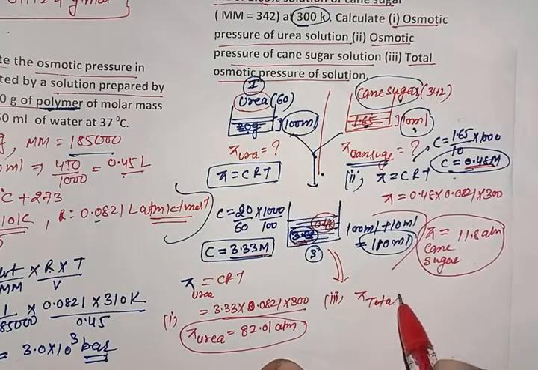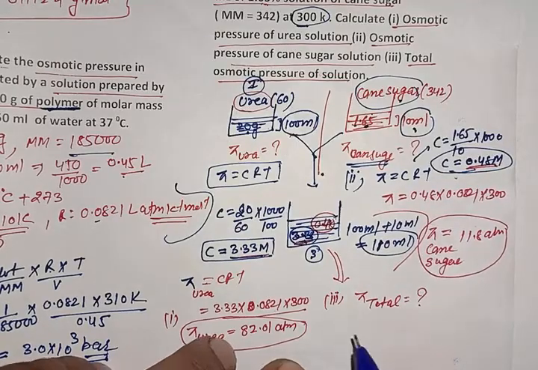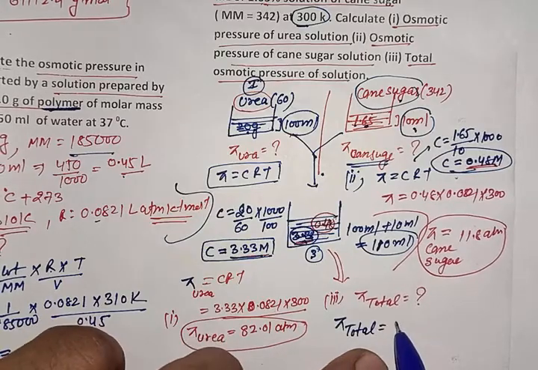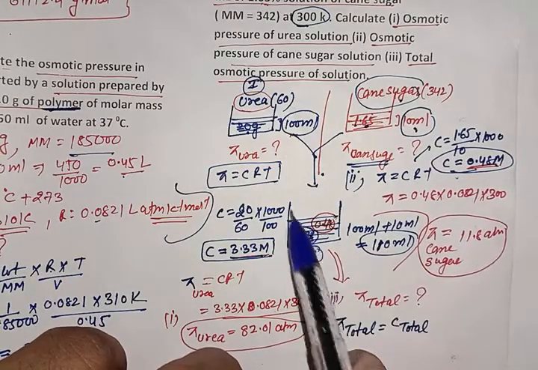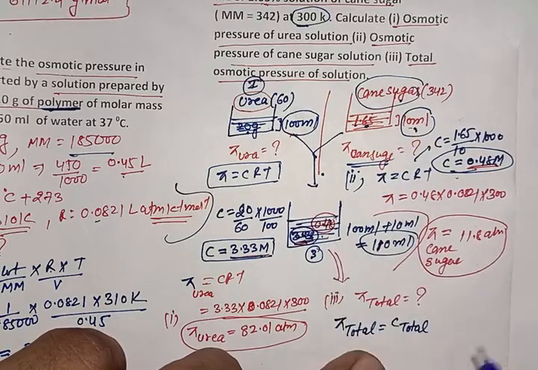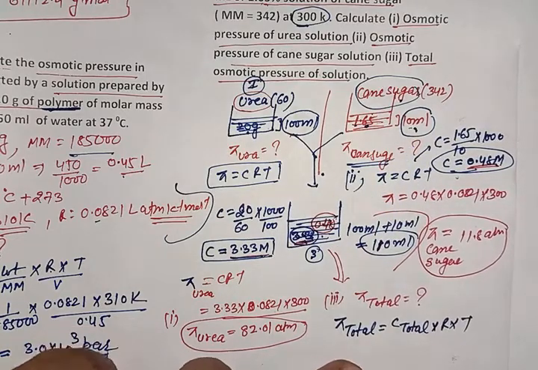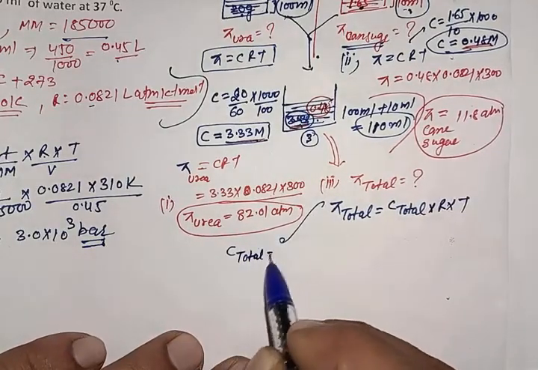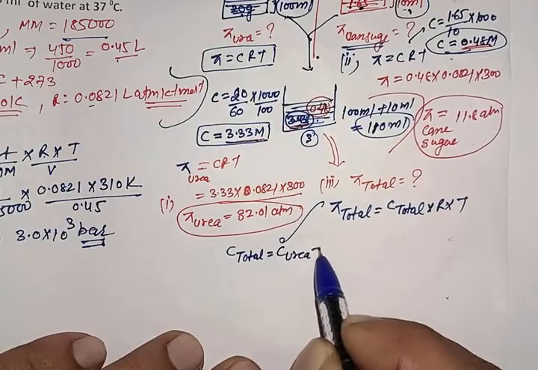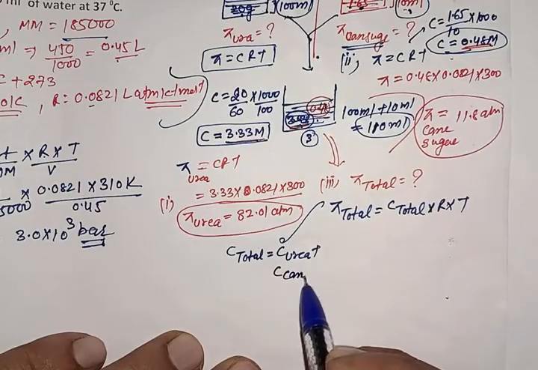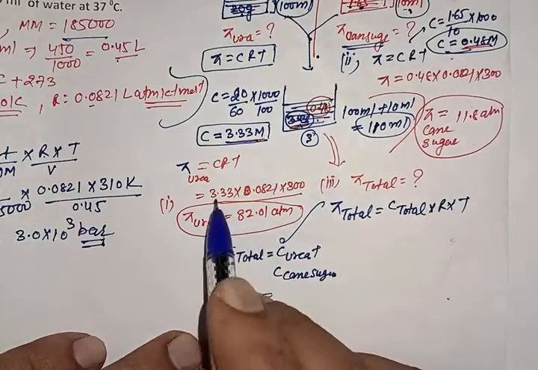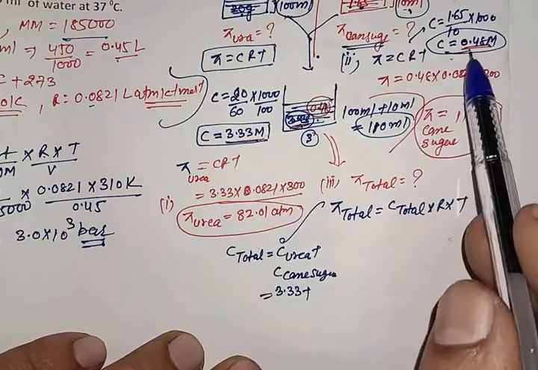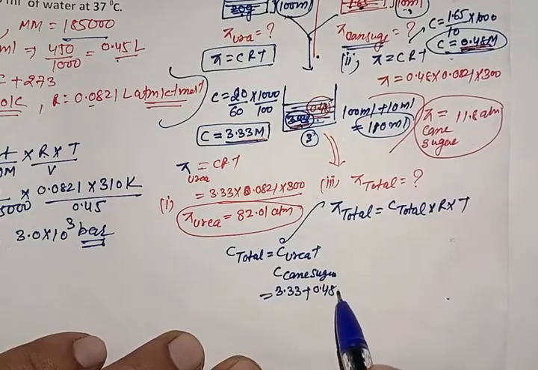Now we have to determine the third one, the osmotic pressure of this solution, meaning the total osmotic pressure of the solution. If we determine the total osmotic pressure, that pi total will become equal to C total, that is the total concentration of urea and cane sugar, into R into T. The C total will become the concentration of urea plus the concentration of cane sugar. We know that the concentration of urea is 3.33 molar and the concentration of cane sugar solution is 0.48 molar.